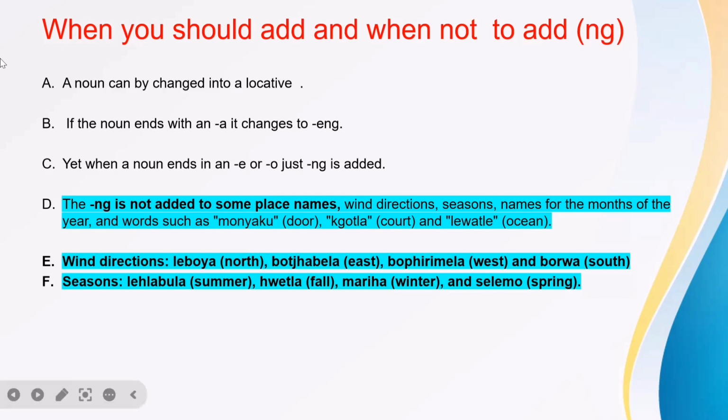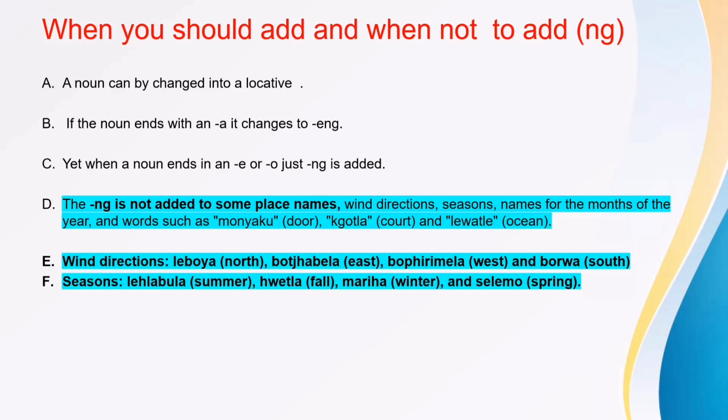Okay. So B, if the noun ends with an A, it changes to eng. So whenever the word ends with an A, you remove the A, replace it with the E, and then you add the ng. And C, when a noun ends in an E or O, you just add the ng.